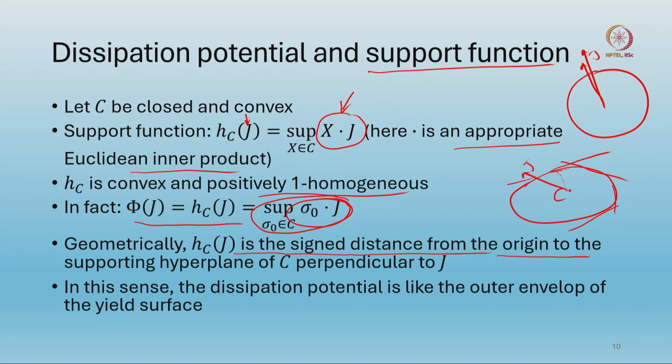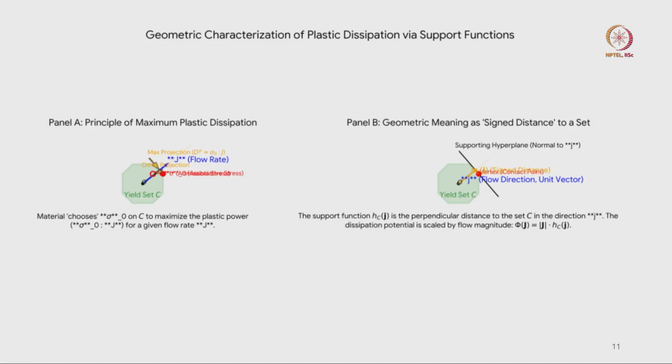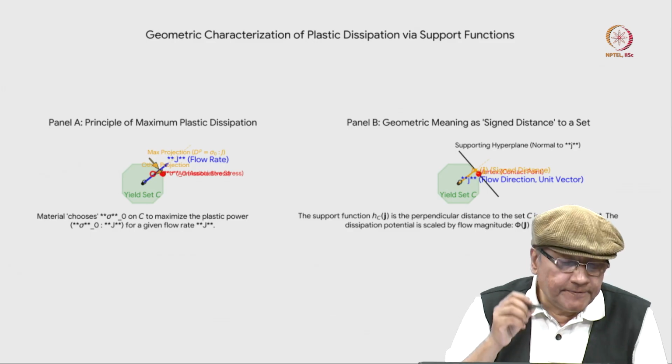So in this sense, if you plot all these supporting hyperplanes, then essentially you are generating the outer envelope of the yield surface. That is what the dissipation potential is, something like the outer envelope of the yield surface. Here we are doing exactly the same thing, understanding it from the same perspective that I drew from a schematic.